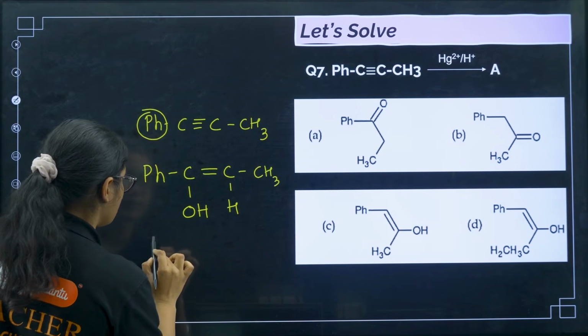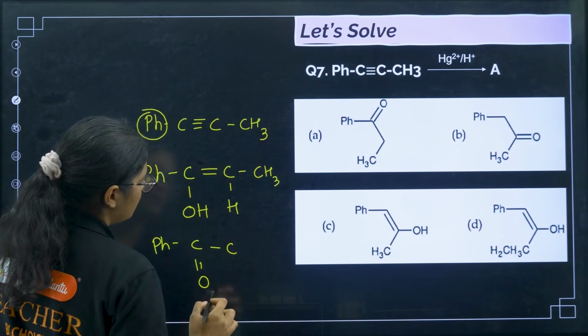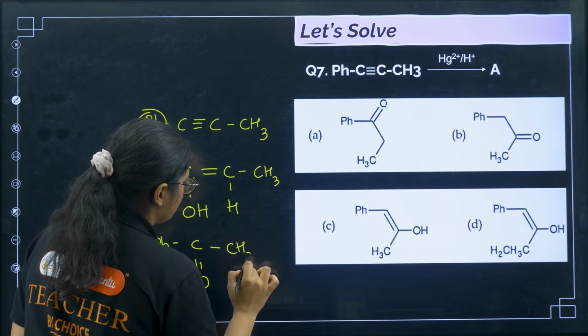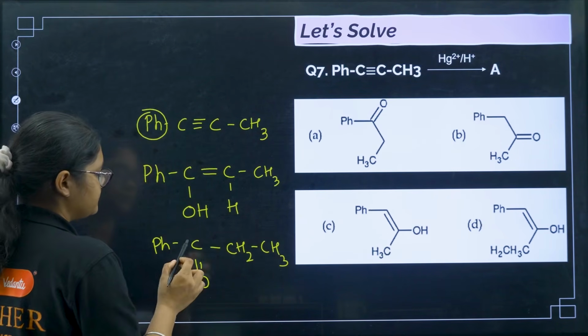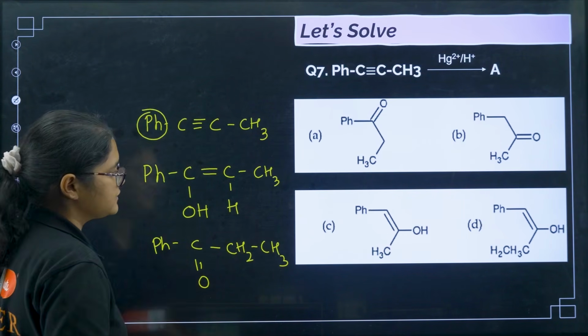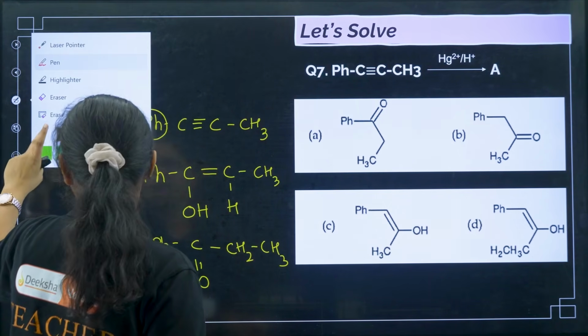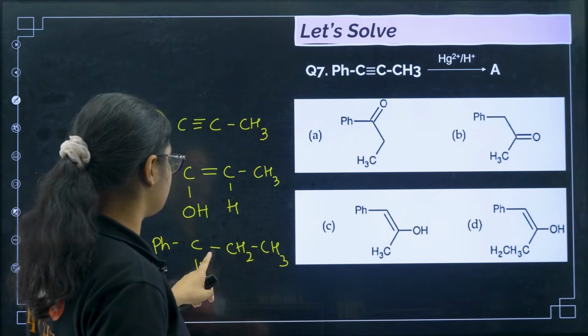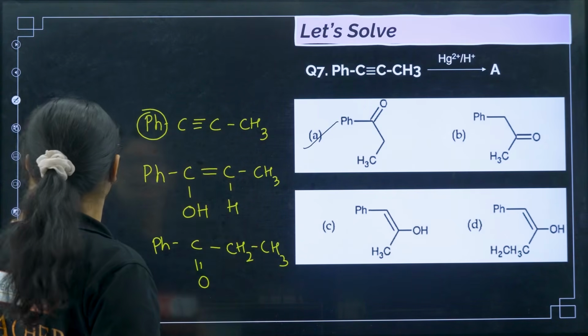Next what will happen: Ph-C double bond O-CH2CH3. So what is the option here? 1-phenyl, that is your option number A, right? Because right after the Ph carbon we have double bond O, and that is only present in option number A.